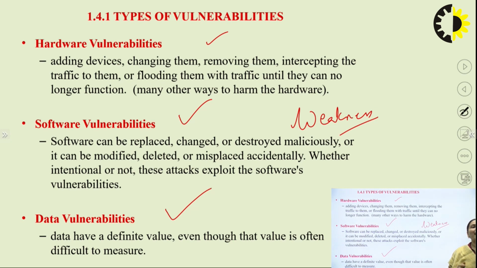So if we add more devices, change them, remove them, or intercept them, and lots of traffic is moving, and we flood it beyond the capacity of that particular system with traffic, definitely the system is not going to work properly. So there are many other ways to harm the hardware as well. This is what is called vulnerability in terms of hardware.